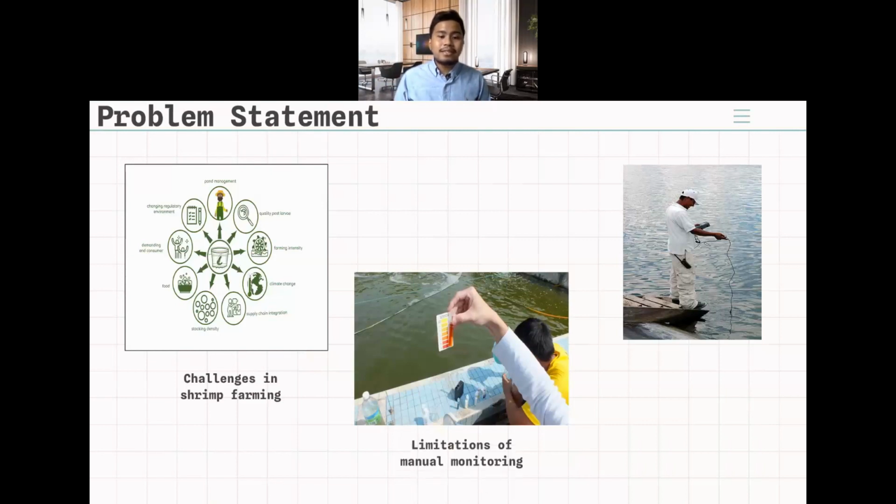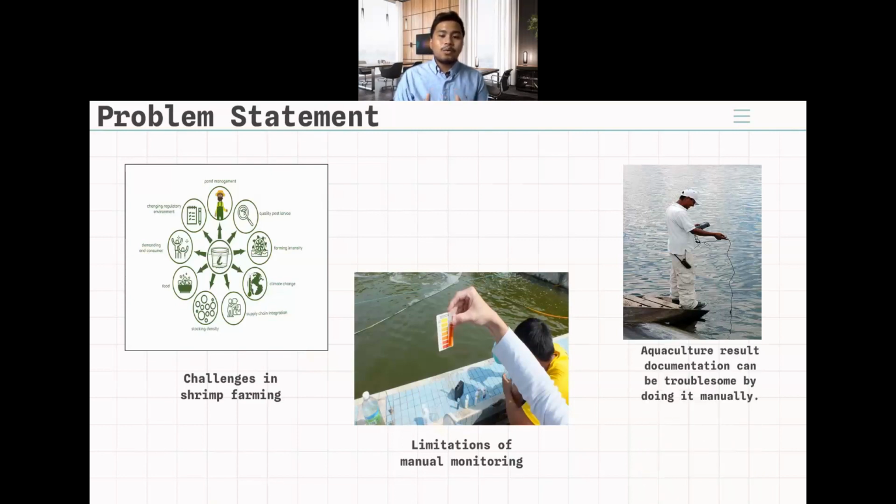The second point is limitation of manual monitoring. Manual monitoring processes are labor-intensive, lack real-time feedback, and can result in inconsistency and inaccuracy in data collection. Manual monitoring methods are time-consuming, prone to errors, and do not provide immediate information for timely intervention.